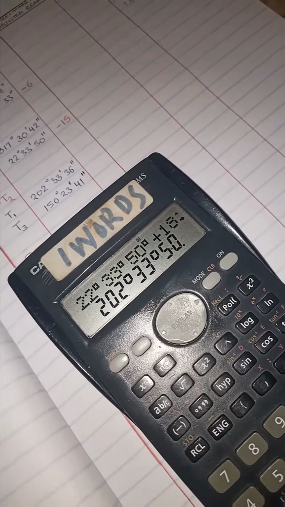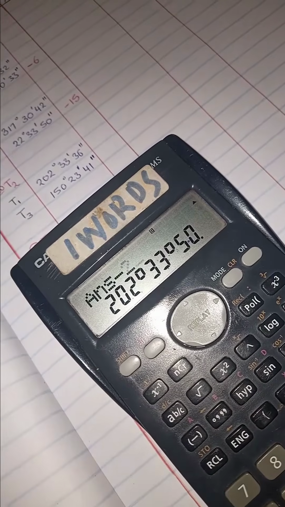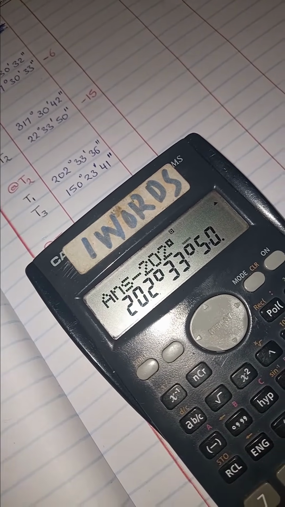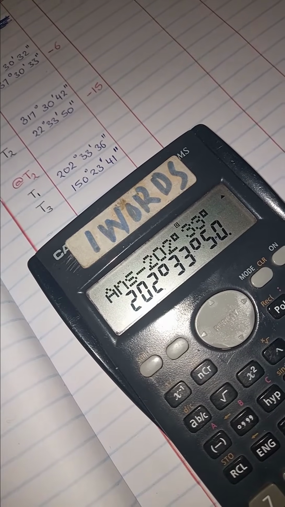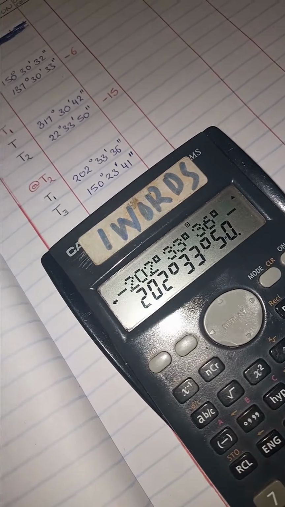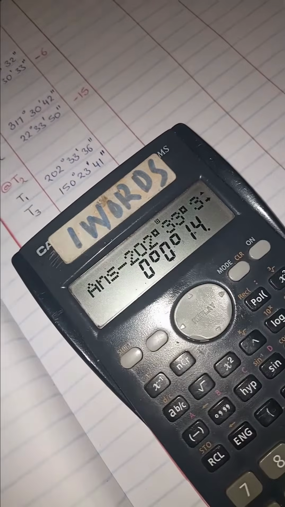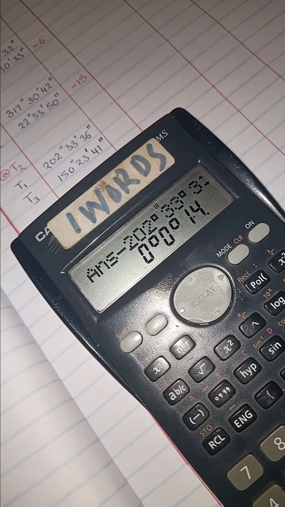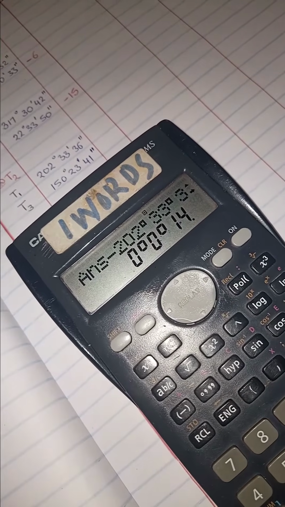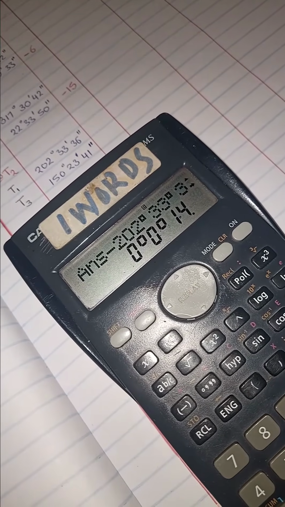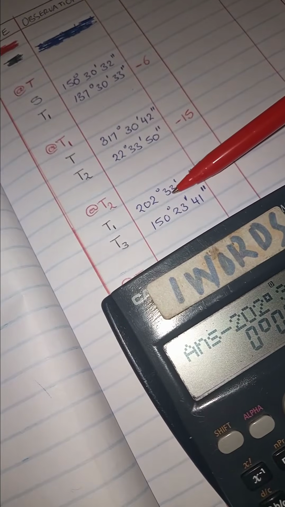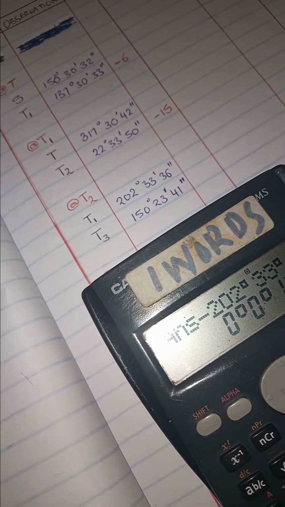That means we need to find the orientation correction that was applied. So my value here, I subtract what was given to me, that is 222, 33, 36. So we have a correction of positive 14 seconds. That is the correction that we need to apply on our next value, where we have T2.